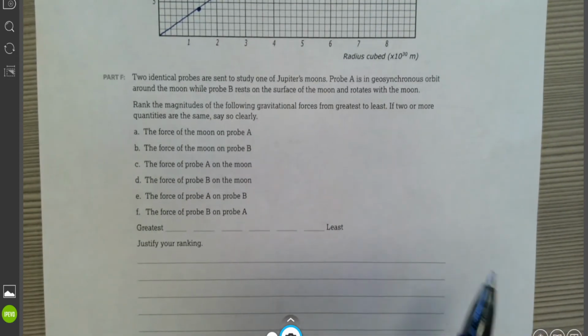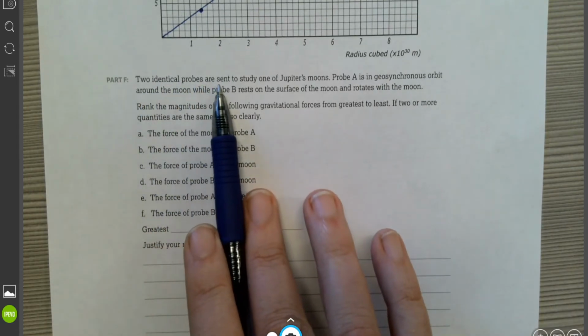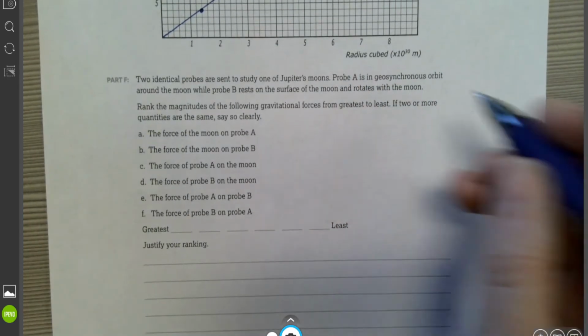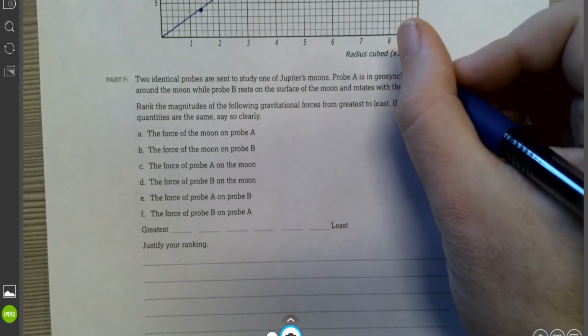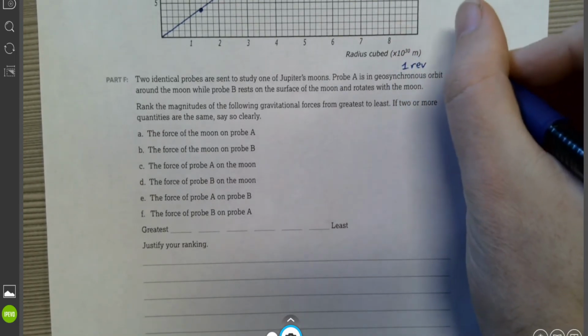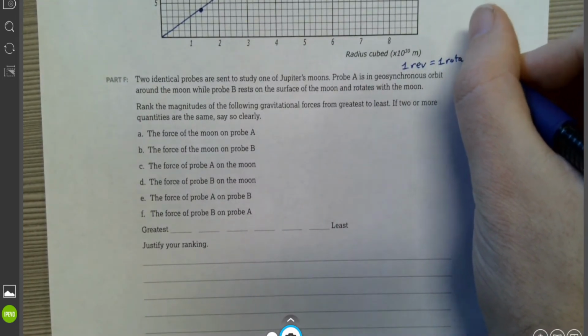Okay, so part F, the next part says, two identical probes are sent to study one of Jupiter's moons. Probe A is in geosynchronous orbit. What geosynchronous orbit means to us is that one revolution, so one spin around the planet, is the same thing as one rotation.